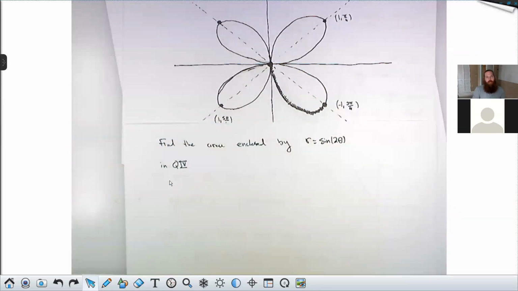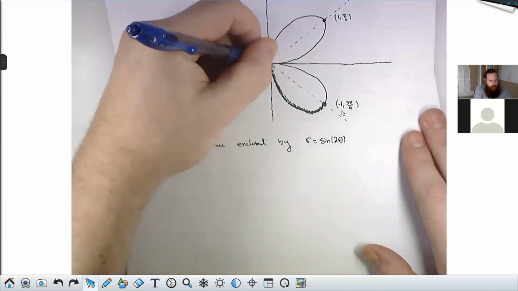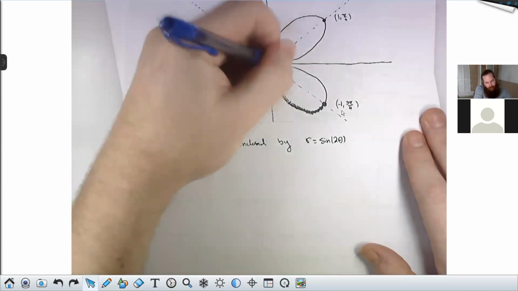So we could say that, yeah, all these petals have the same area. So I could find the area of this first petal, and that'll be the same as the area of this guy down here. But I want to emphasize that it's not super obvious that the area we're looking for down here comes from the theta values it does. So let me shade this. This is the area I'm going to find.